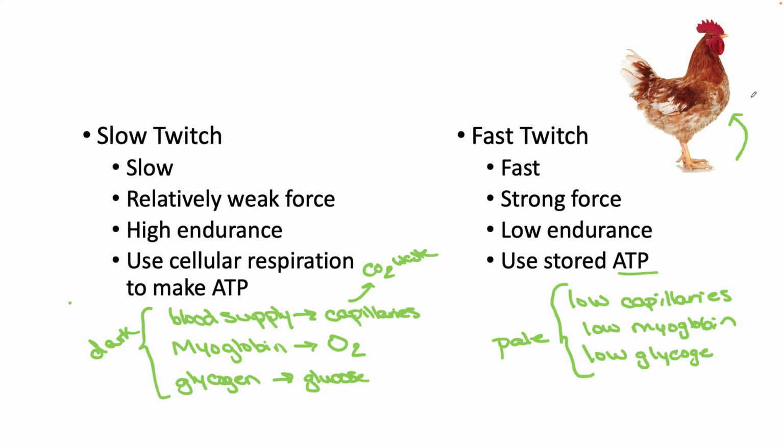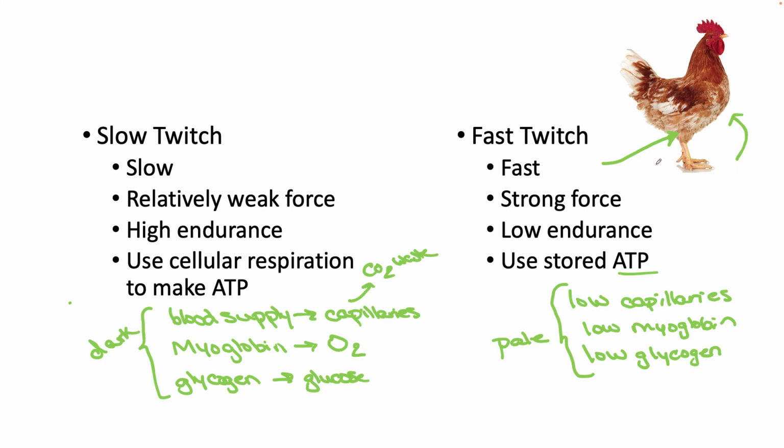And so their flying muscles are going to have relatively low capillaries, low myoglobin, and low glycogen. So that's why breast meat is considered white meat, whereas the leg muscles, chickens are standing around on their legs all day long, right?